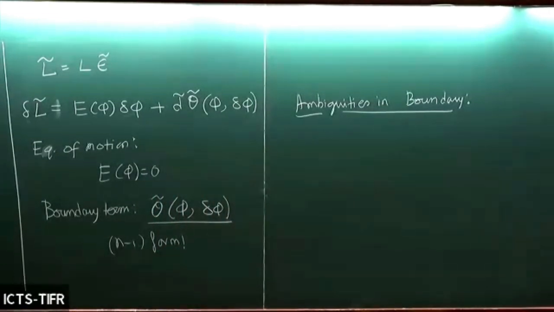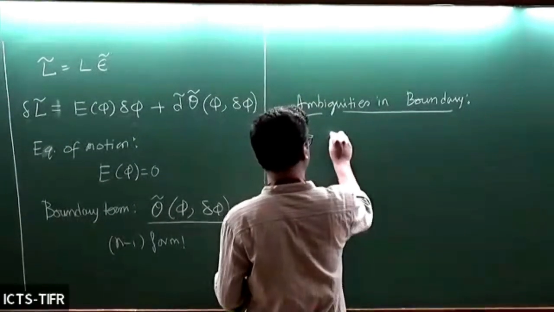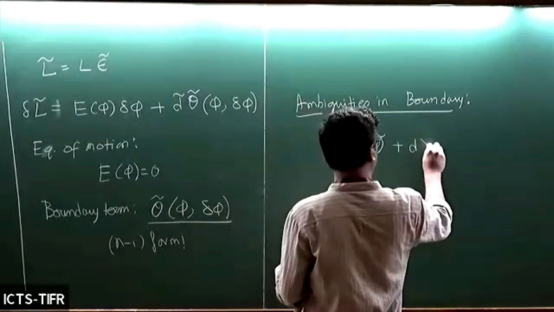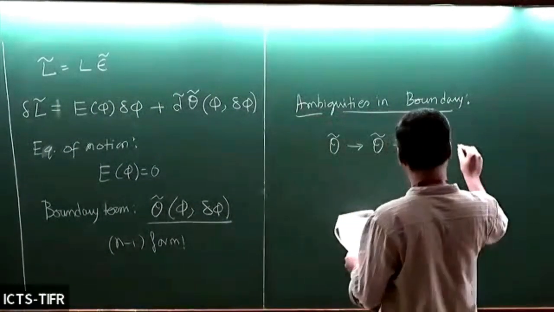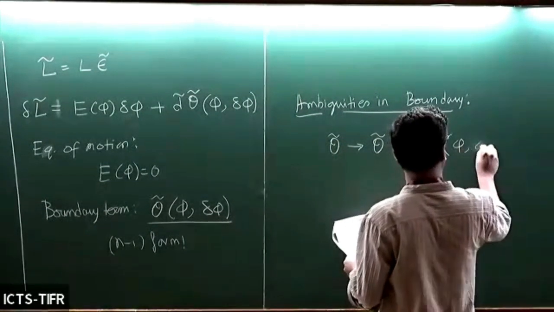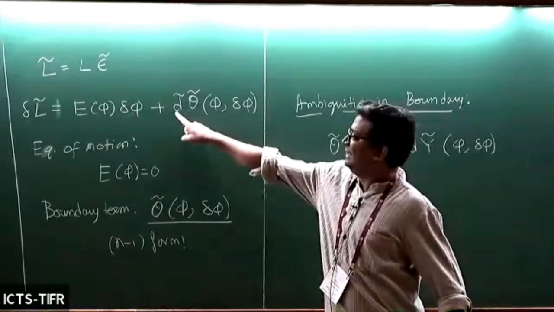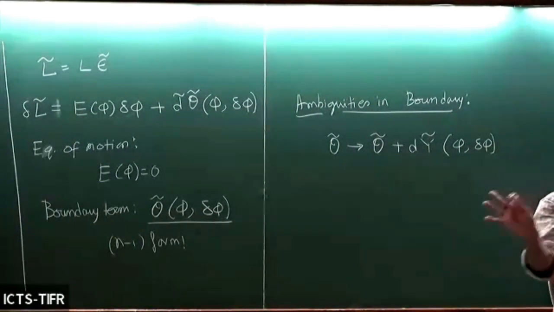So what are the ambiguities first? For example, I can take theta bar and change it to, sorry, theta tilde. I can add another new form, d y, and y is again a function of phi and delta phi. Okay. Is that clear? Now it is clear, you can show that because if I put it here, this d will act on here, and d square is identically 0.